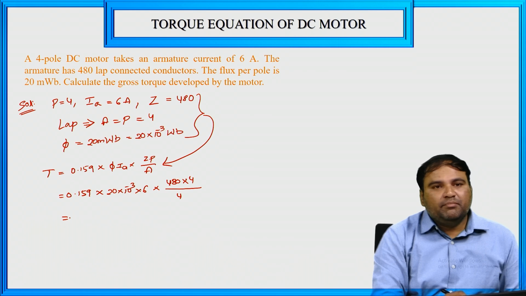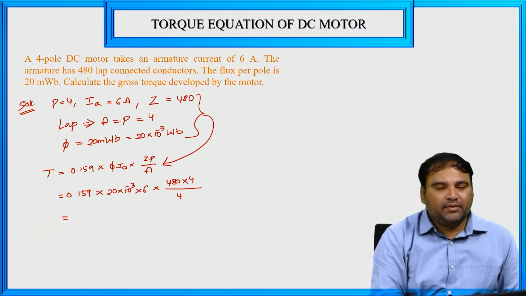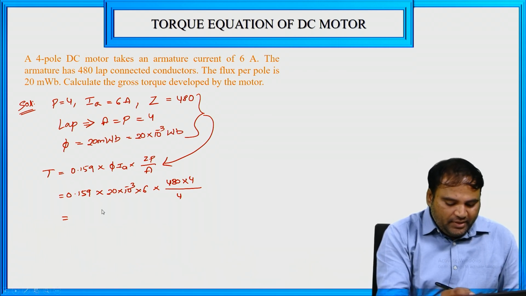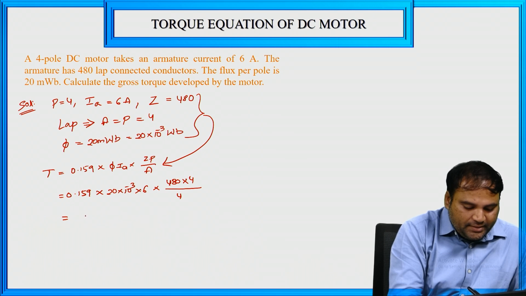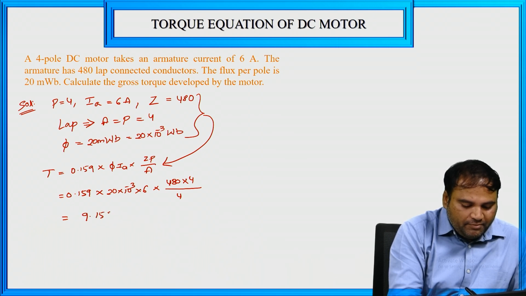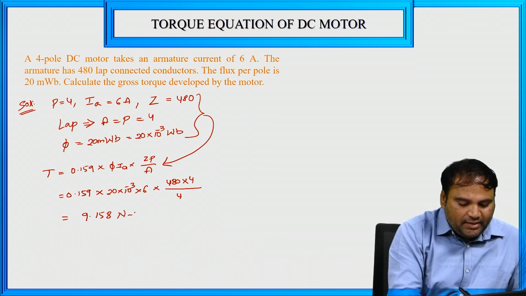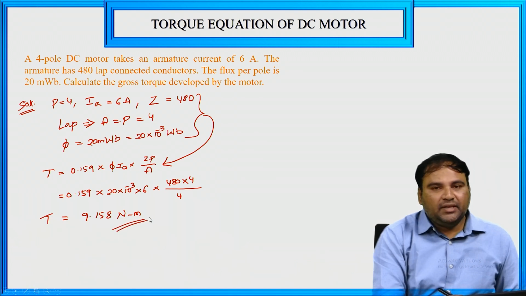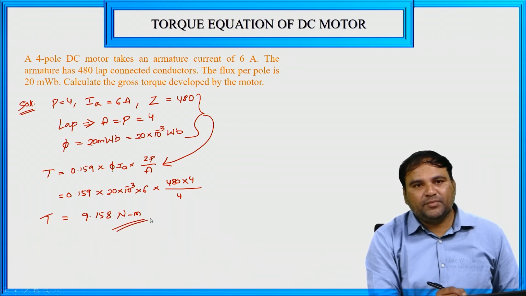Now by calculating this, we'll get 9.158 Newton meter as the torque of the given DC motor. Okay, here is one problem on the torque equation of DC motor.